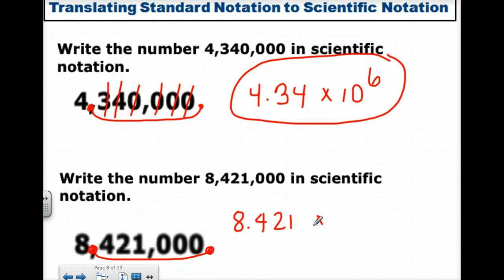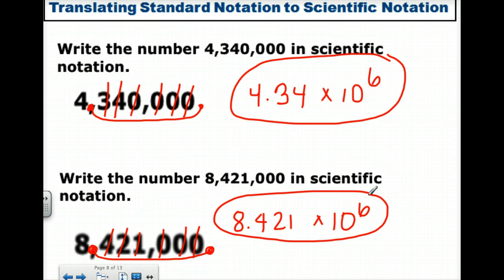So my first factor is 8.421, or 8 and 421 thousandths, times 10, and again count your digits inside the smile, to the 6th power.